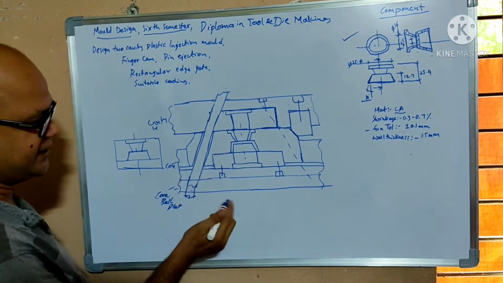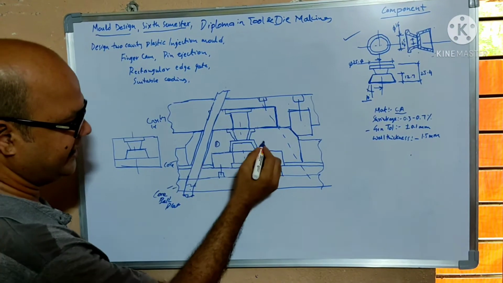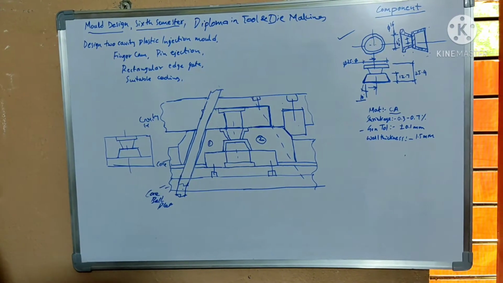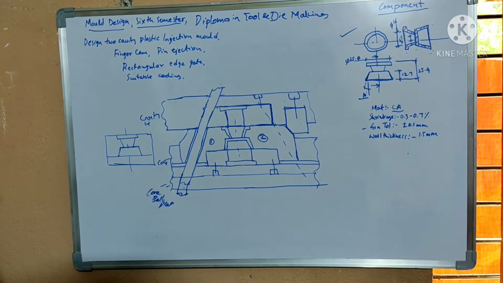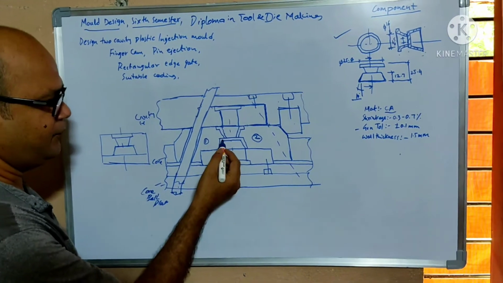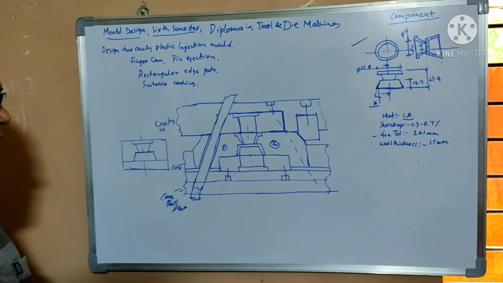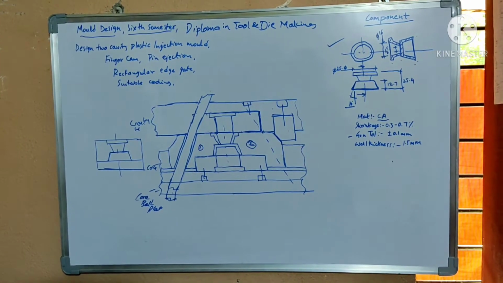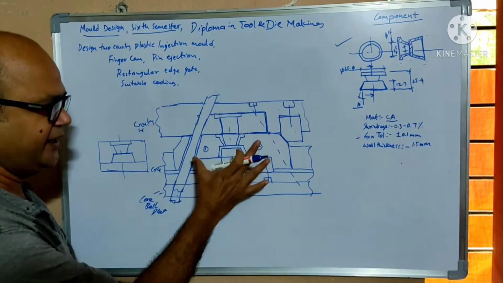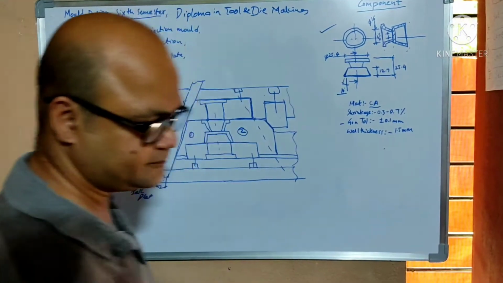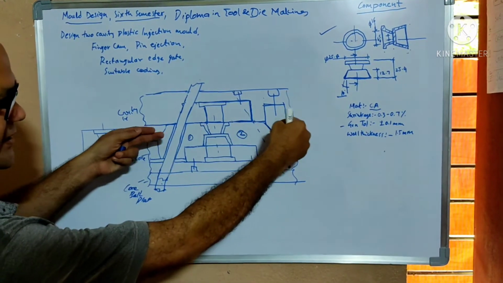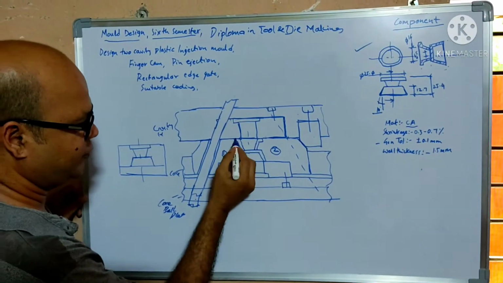Here two side cores are there, one side core and a second side core. Two side cores are used here to get the component. Here the component is machined on the surface of the side cores, where the two side cores will meet and move away from each other to release the component.